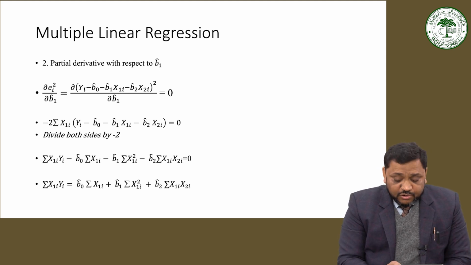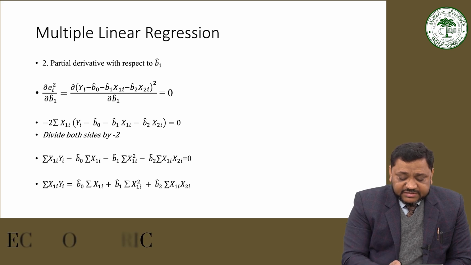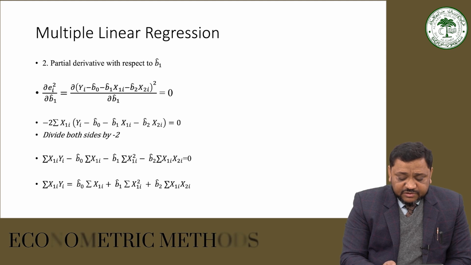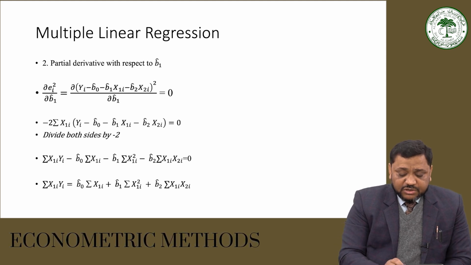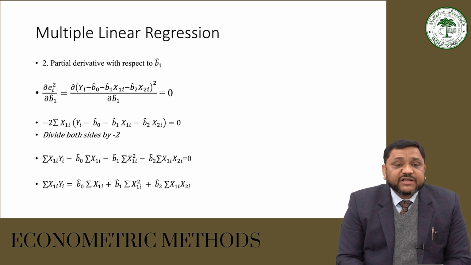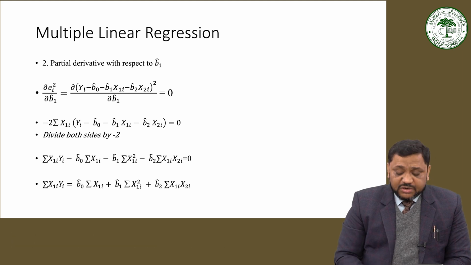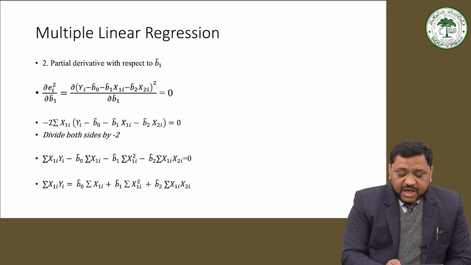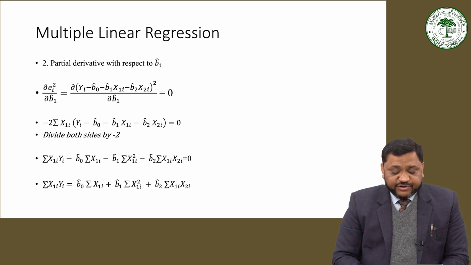Next we open the brackets. We can write it as x1i yi, then x1i b0, then b1 hat x1 square, because this is also x1 and this is also x1, and next b2 x1i multiplied by x2i. So we get this equation.